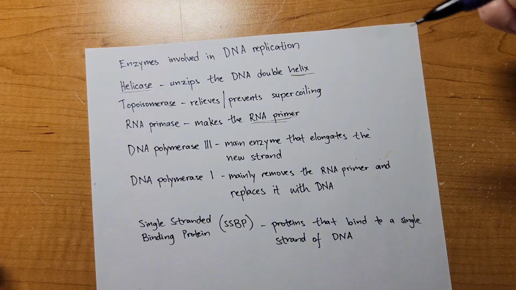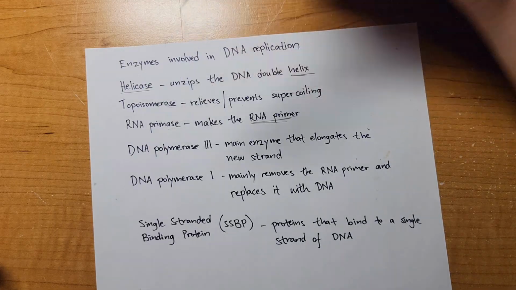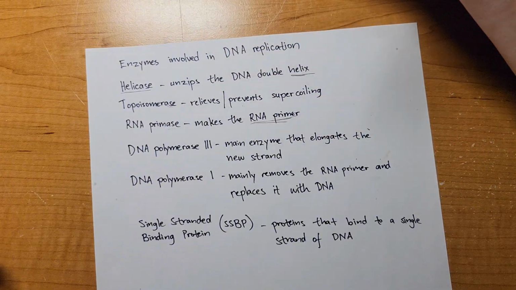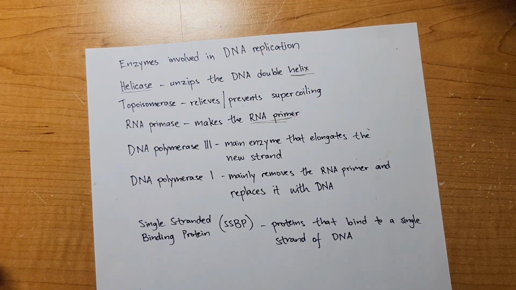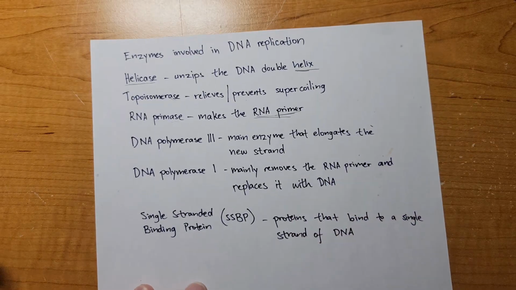The RNA primer is basically a sequence that tells the DNA, hey, come here, start over here, and this is where you're gonna start replicating your DNA. So yeah, if it's an enzyme, we're talking about ace, so primase, RNA primase, it makes the RNA primer. That's how I remember it. RNA primase makes the RNA primer.